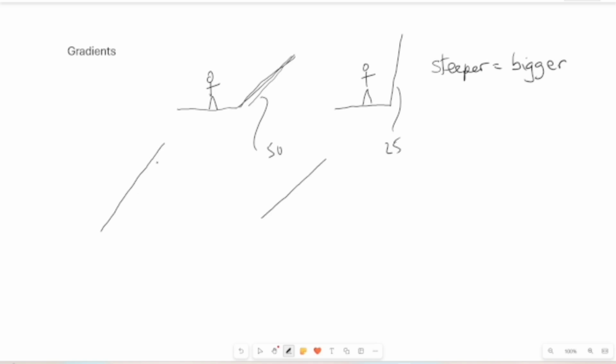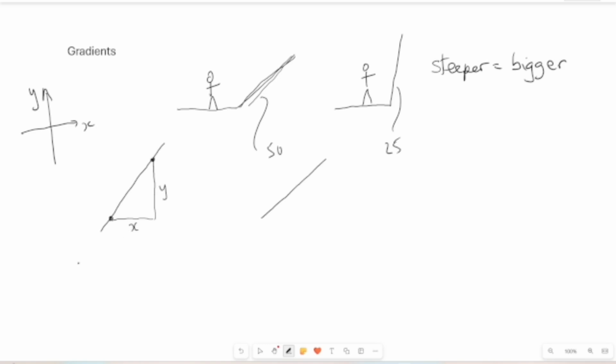And one way of doing it is to measure for a given distance of horizontal travel what the vertical distance is, and we can refer to this as x and that as y. For example, as with a graph, when we've got the x-axis and the y-axis.